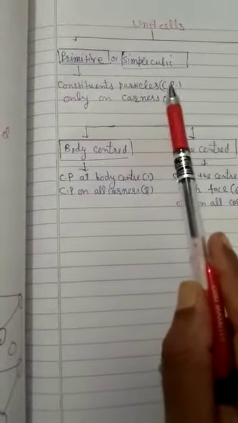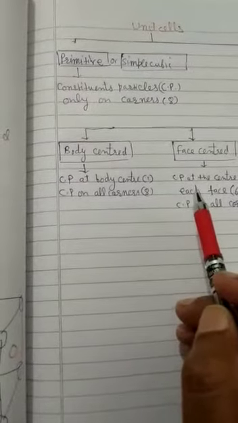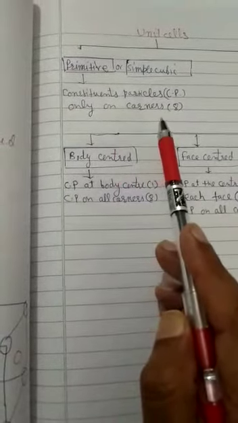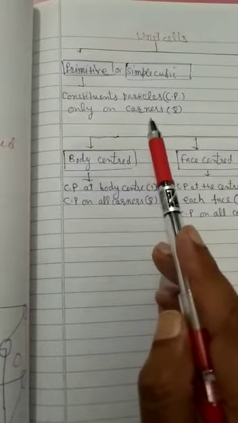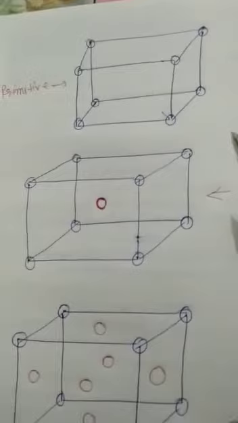In primitive or simple unit cell, constituent particles, means atoms, ions or molecules, are only present on corners. See the diagram of primitive unit cell.